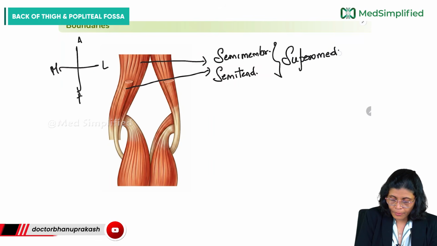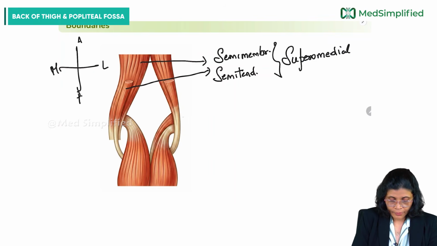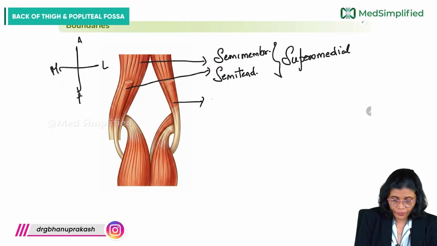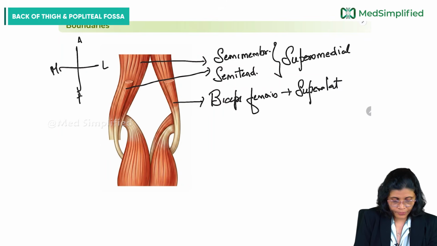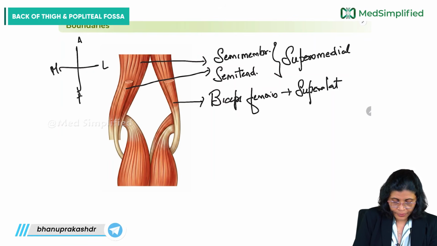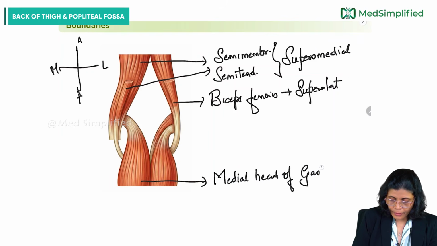So these 2 muscles form the superior-medial boundary, whereas superior-laterally it is the biceps femoris. Biceps femoris forms the superior-lateral boundary. And inferior-medially we have the medial head of gastrocnemius muscle.